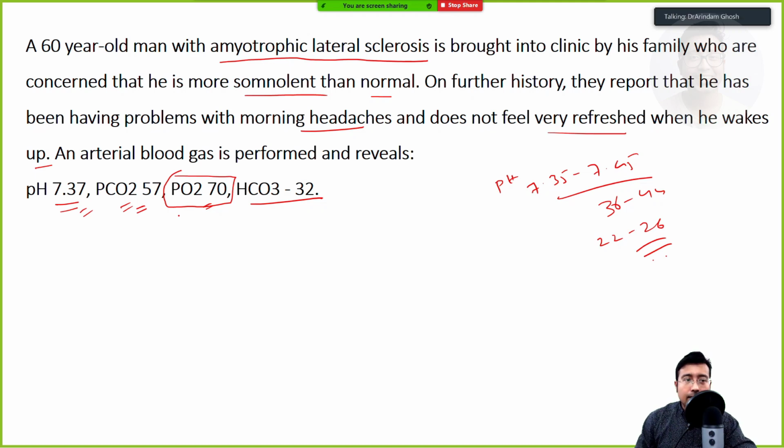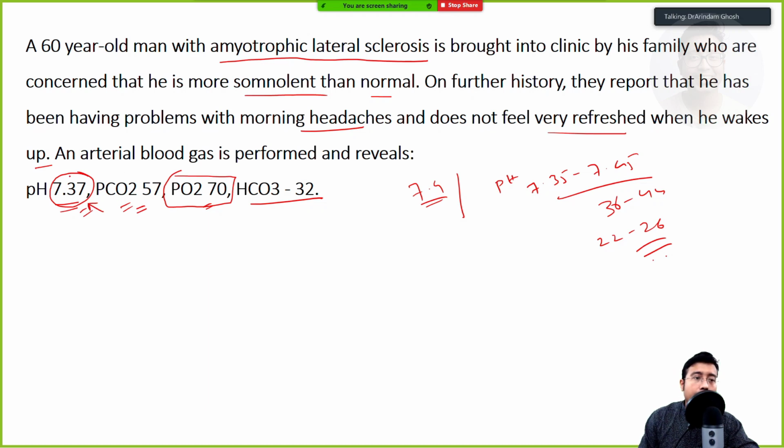Generally I took this problem because it has been directly taken from an AIIMS MCQ. However, at your level, you see pH 7.37 is actually normal, right? During that time, the question paper setter thought that the normal pH is 7.4, so this is a bit low.